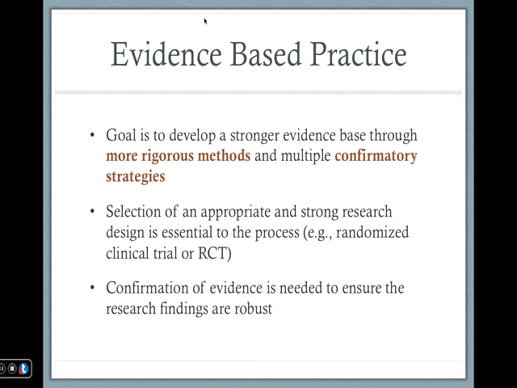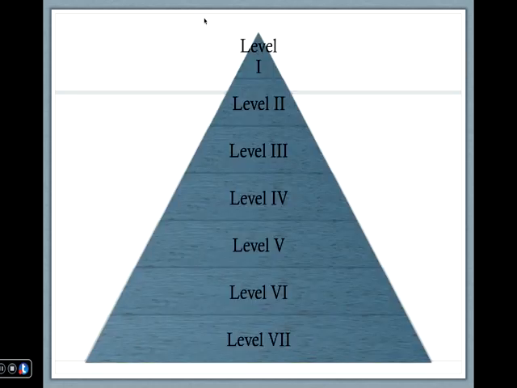Unless you select and organize a strong design, you're not going to have good outcomes in terms of usable information to guide and shape clinical practice. Confirmation of evidence is needed to ensure that the robustness is intact. And we've talked about that before.